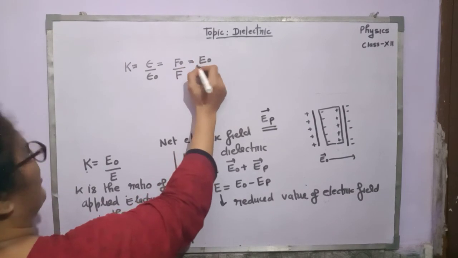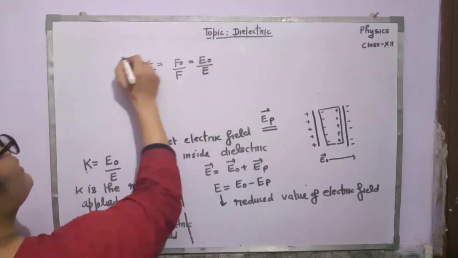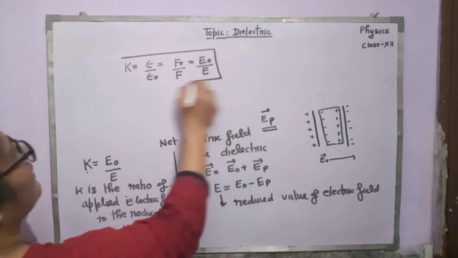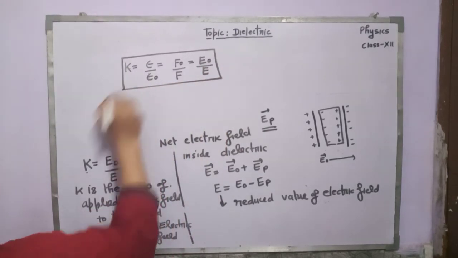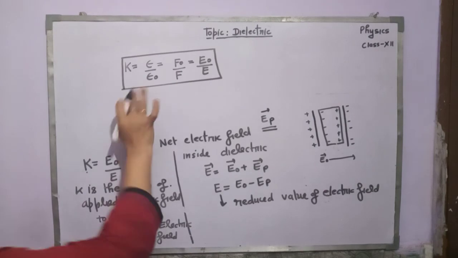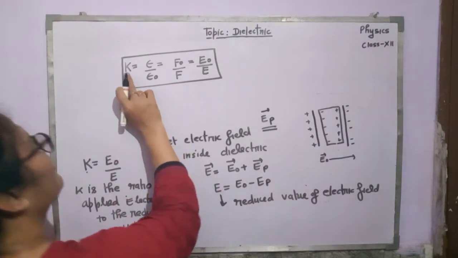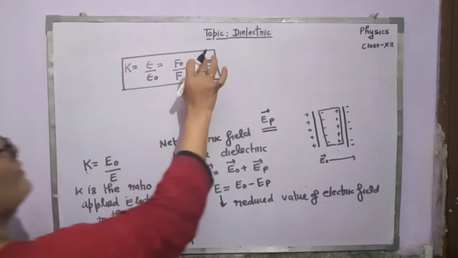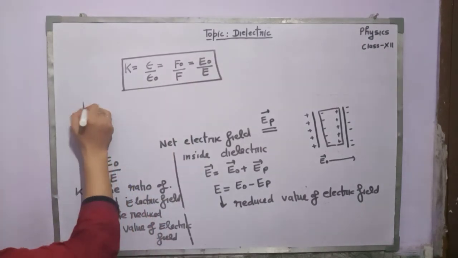E naught upon E. In any manner you can define the value of the dielectric constant, and you can substitute the value to get the value of K here. Suppose you know E naught. What is E naught?